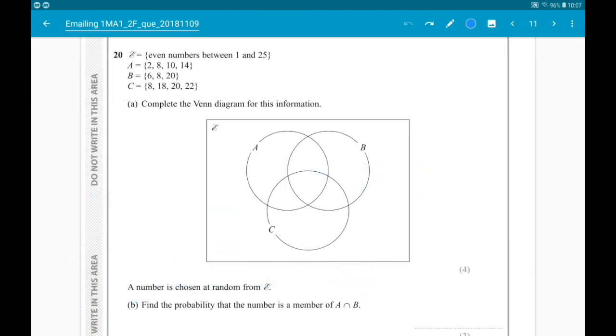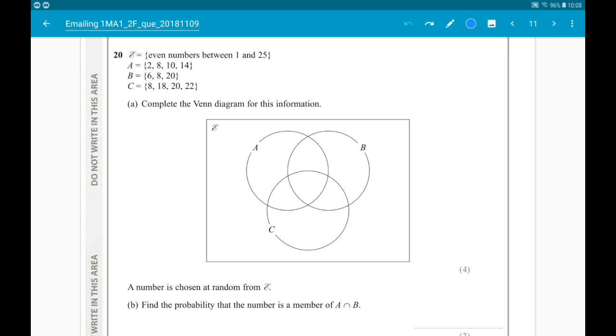Okay, number 20, Venn diagrams, and the first question also on the higher paper. So, the little squiggle is epsilon. It means a universal set. In English, that just means everything we are interested in. So, everything we're interested in here are the even numbers between 1 and 25.